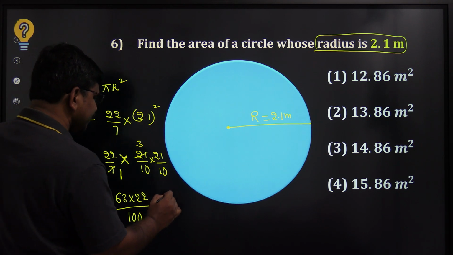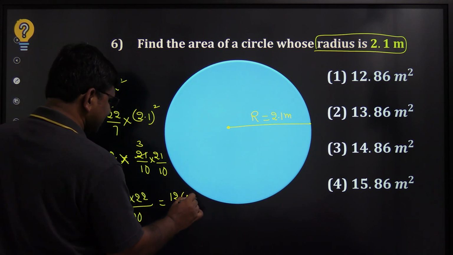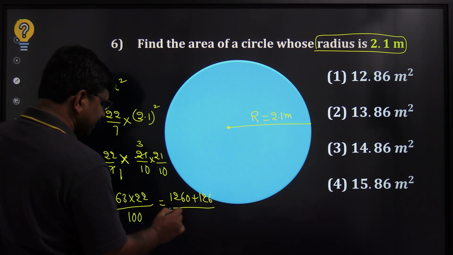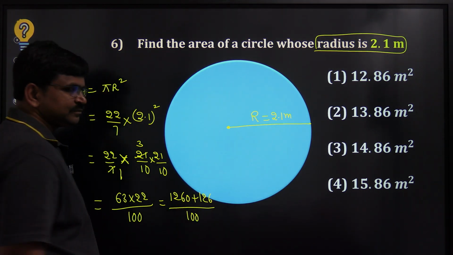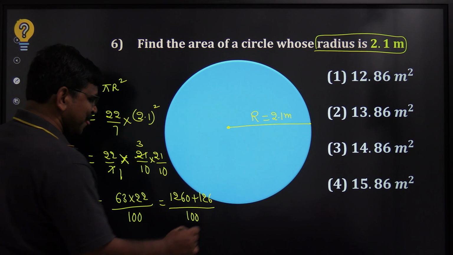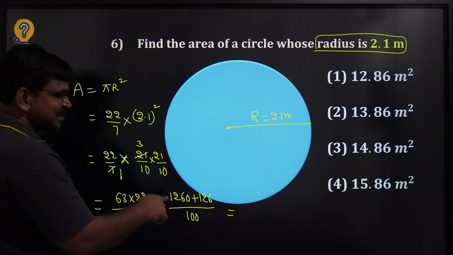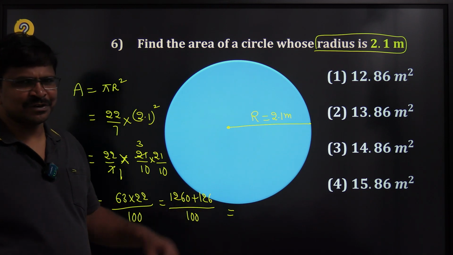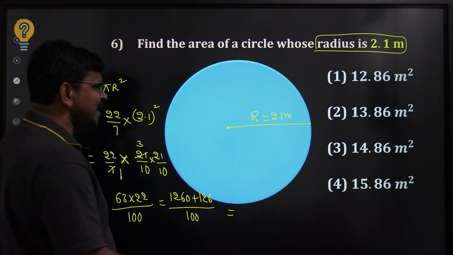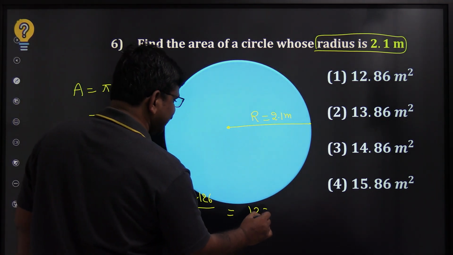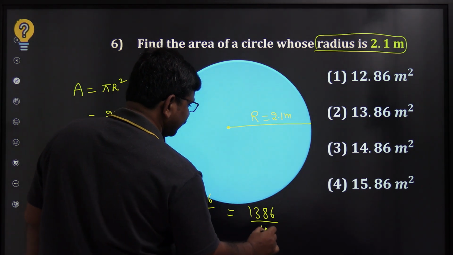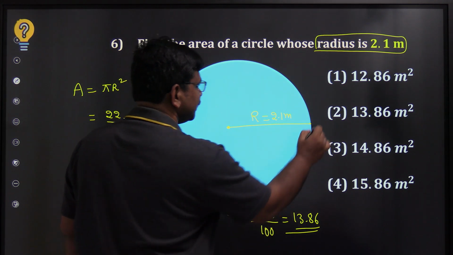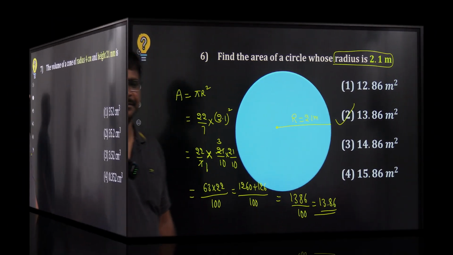So I can write 1260 plus 126 divided by 100. And now observe how easy it is. 1260 plus 100 is 1360, 1360 plus 20 is 1380, 1386. So 1386 over 100 will give 13.86. So this is the right answer.